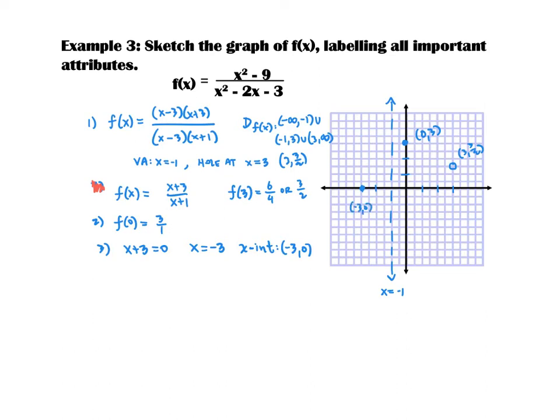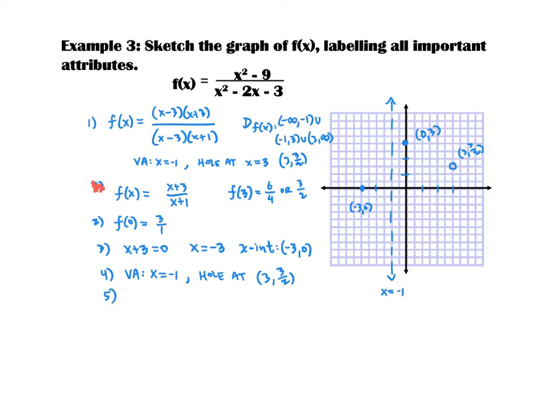Number 4 is find the zeros of the denominator. We already did that. We found a vertical asymptote at x equals -1 and a hole at the point (3, 3/2). Number 5 is find horizontal asymptotes.